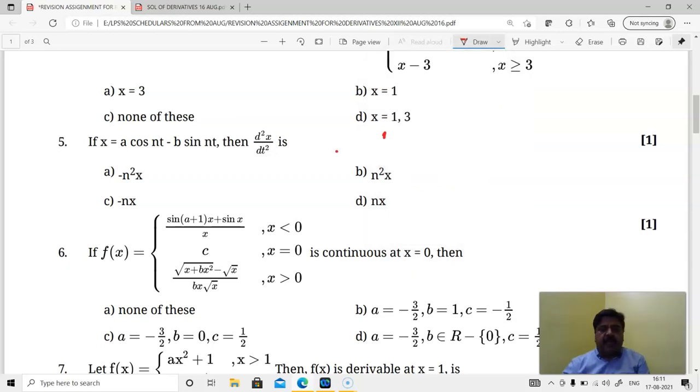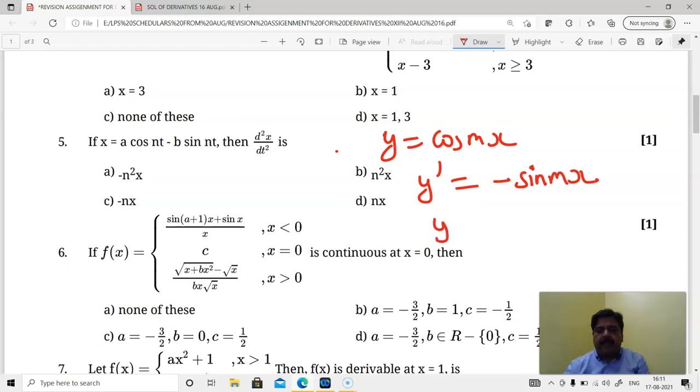Like if I take y as cos mx, then y dash is minus sine mx, and if I go for the second order derivative, it is minus, again here m was missed, it is m square sine mx. Now you see that from m to m square we have landed, and the negative is also there.